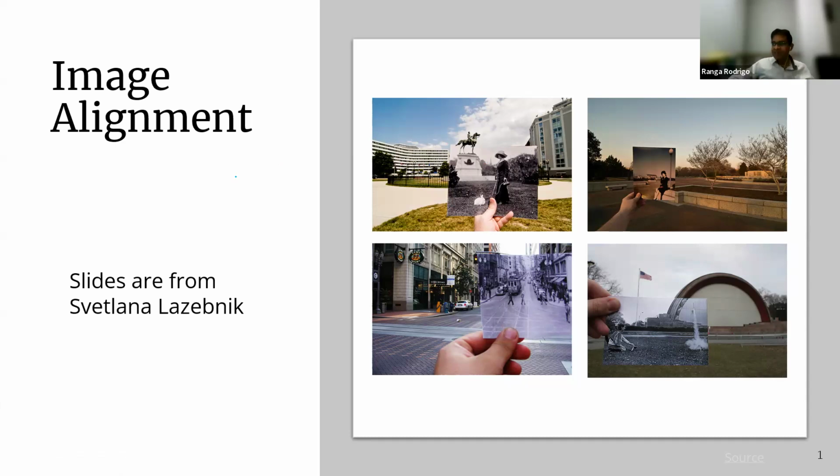In the image alignment slide, they have shown some beautiful examples. You can see they had a very old image of the same scene, and they have placed that in the new picture. Beautiful, right? Maybe a picture from 50 years ago, put here.